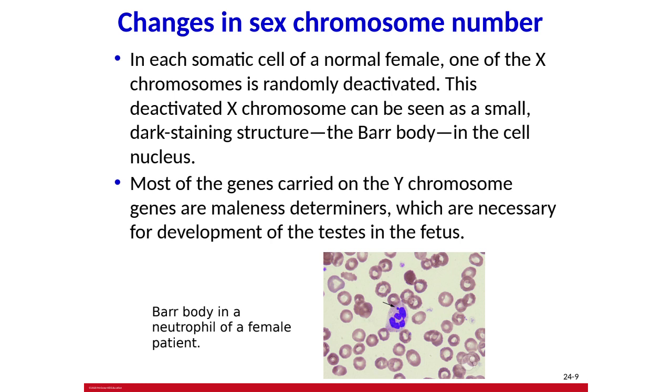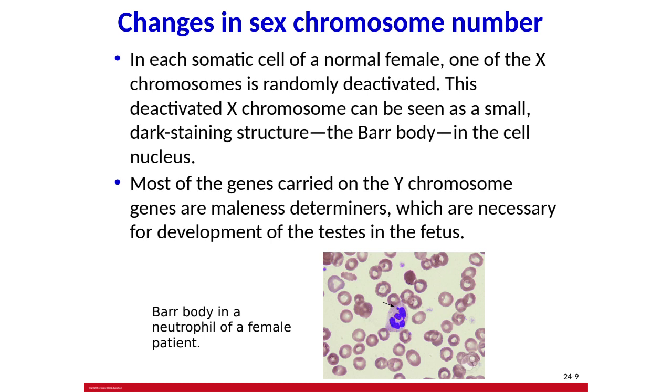One reason why people with an extra X chromosome do okay is that if you look in the somatic cells of a normal female, one of the X chromosomes is randomly deactivated. This randomly deactivated X chromosome can be seen as a small dark staining structure called the Barr body, named after the person who first discovered it, in the cell nucleus.